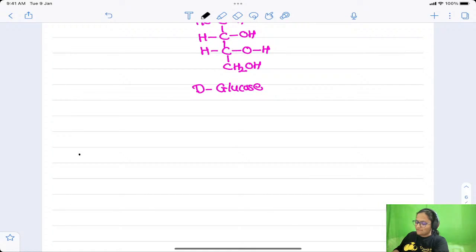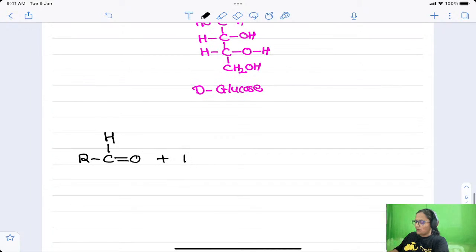What is that reaction? See, RCHO, if it is treated with an alcohol, and alcohols are nothing but ROH, what happens when aldehydes react with alcohol? We get hemiacetal formation, right?